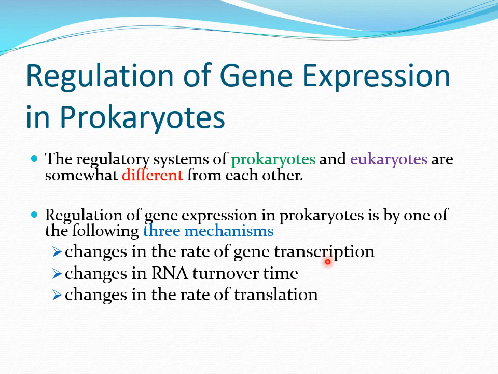Basically, these are the three mechanisms, and the much studied or well known mechanism of the three is the one wherein the rate of gene transcription alters and regulates the expression of genes.